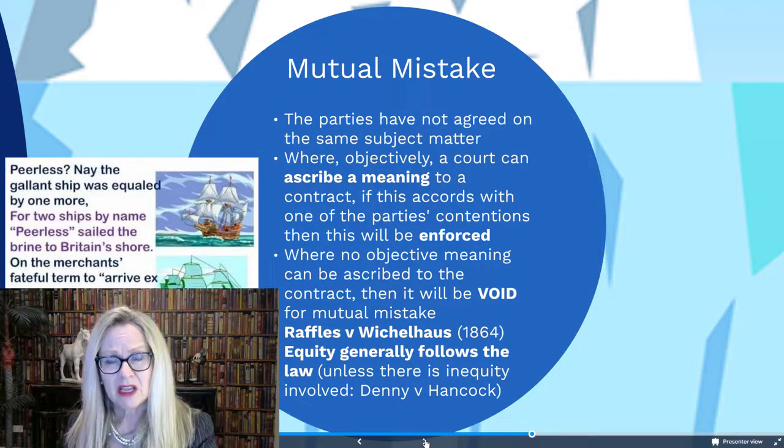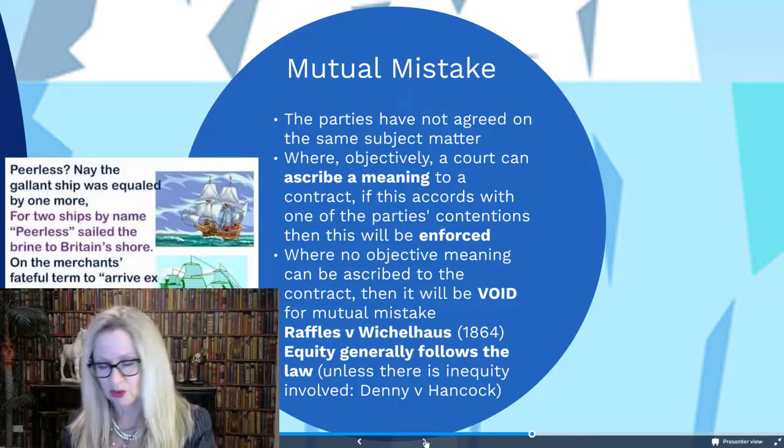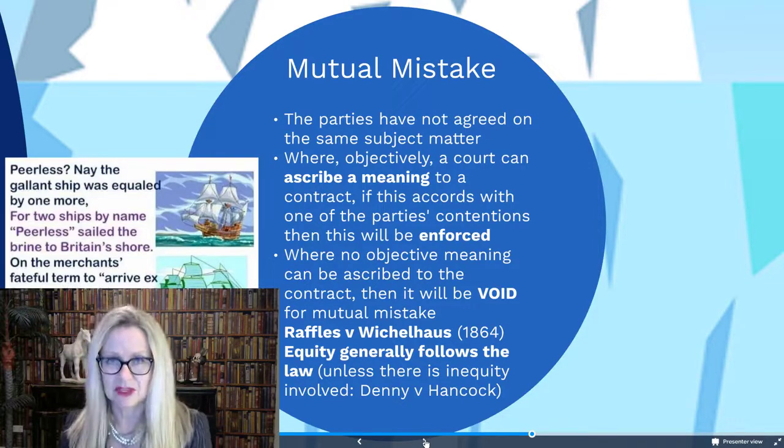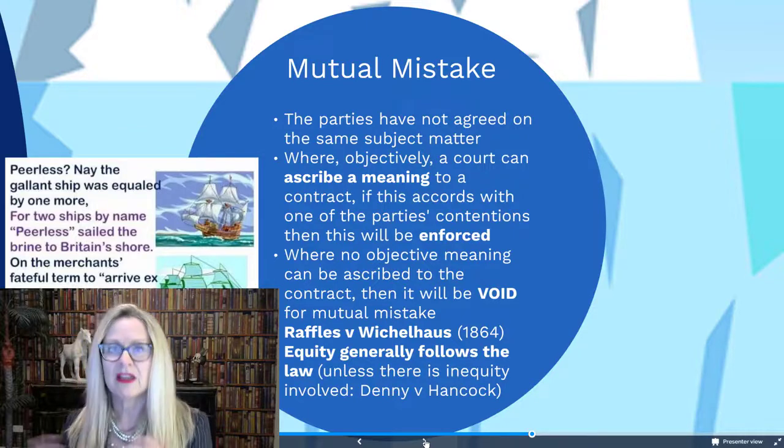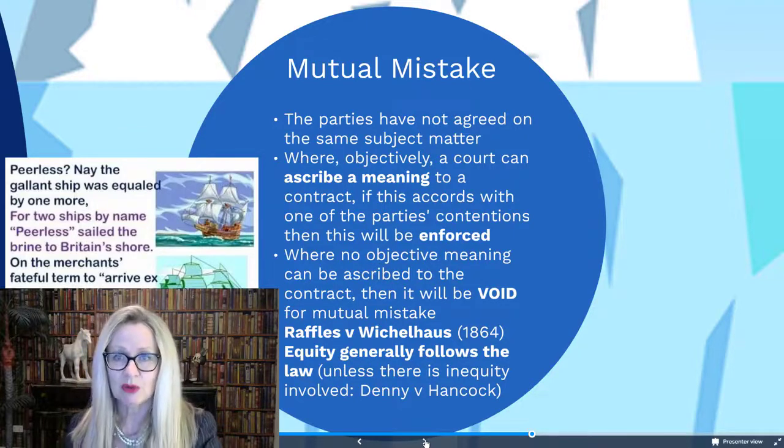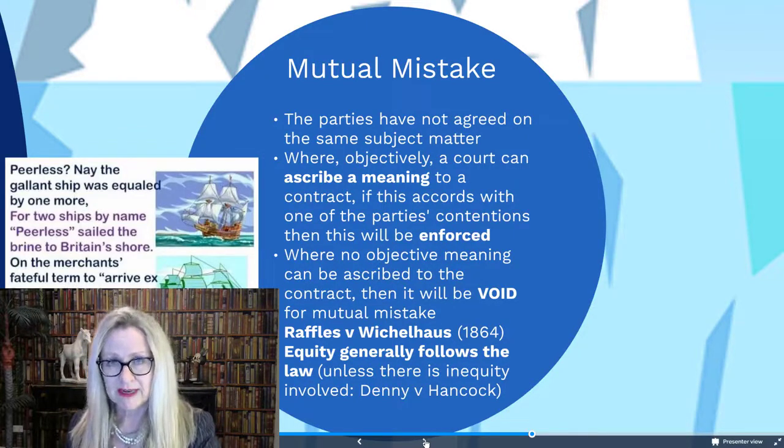However, if one of the parties runs off to court and says, hang on a minute, there's a case of mutual mistake here, I thought X, Joe Bloggs thought Y, and the court looks at it and they honestly can't make out, after looking at all the facts of the case, they honestly can't bring to bear an objective interpretation of what the contract should mean, then the contract will be void at common law for mutual mistake.